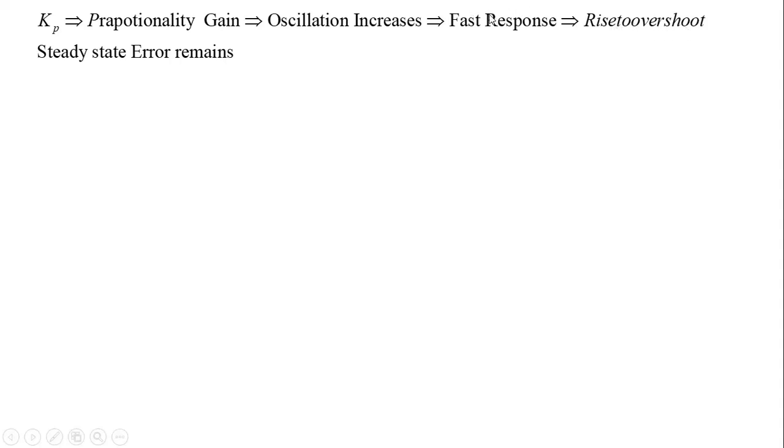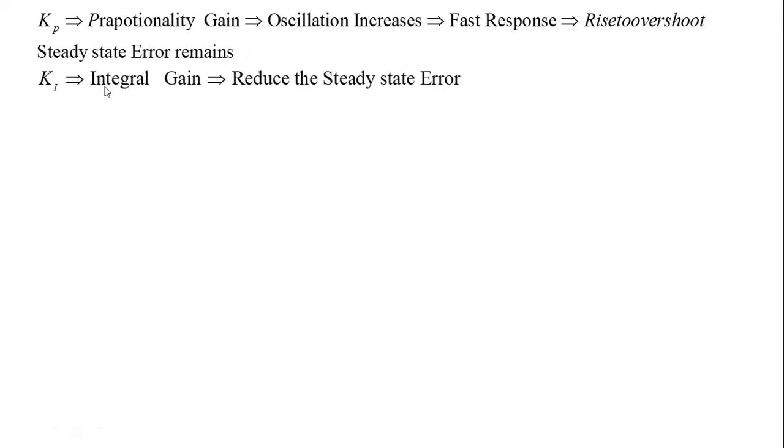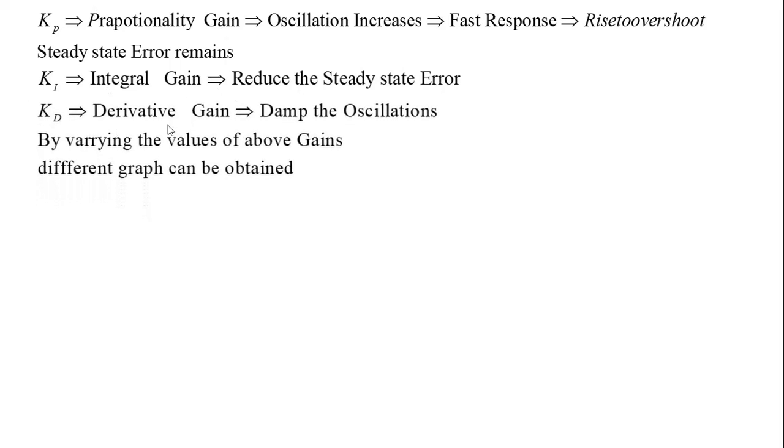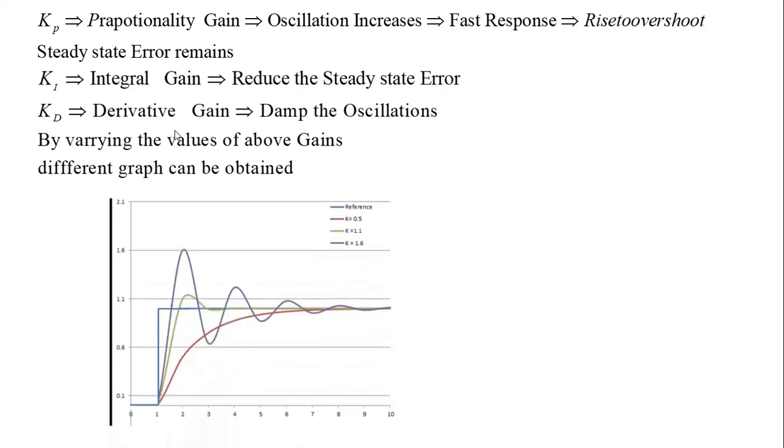This is the drawback of Kp. Response will be fast, but the overshoot will be more, and at the same time steady state error will be there. To avoid that steady state error, we use Ki, the integral gain, and to damp the oscillation, we add the derivative gain. These values can be chosen.